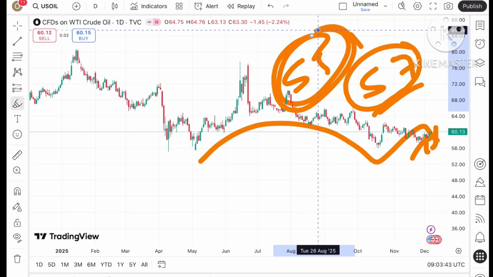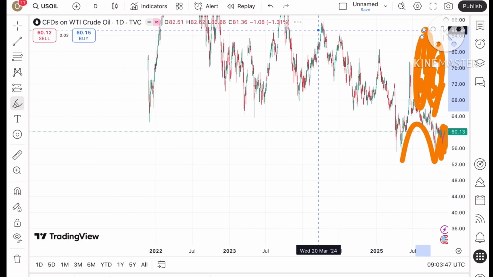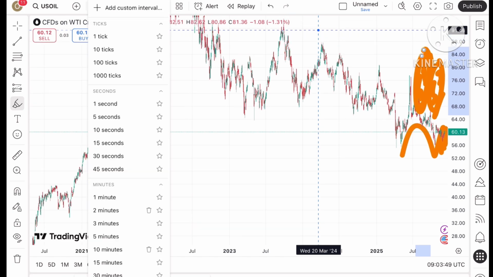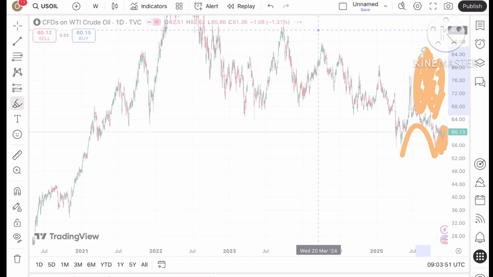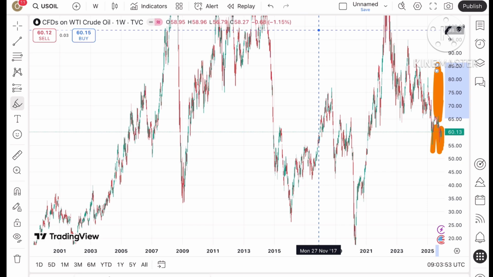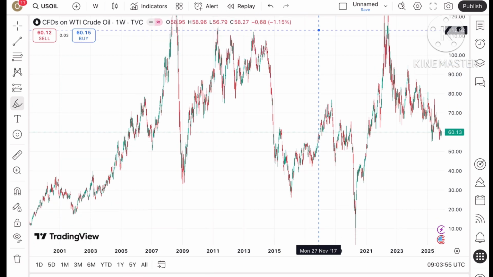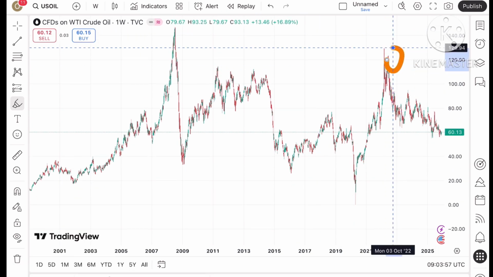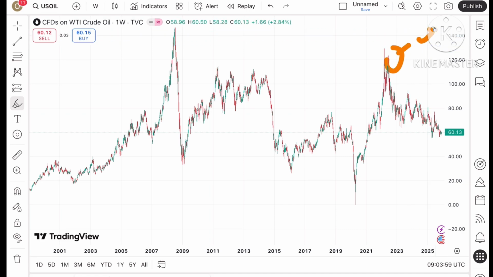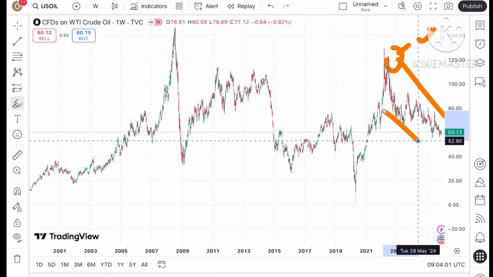Now if you look at a weekly and long-term view, zooming out, if you look at the weekly chart, you'll understand that the price is on the downside overall, because this is where the war zone was and the price started coming down.